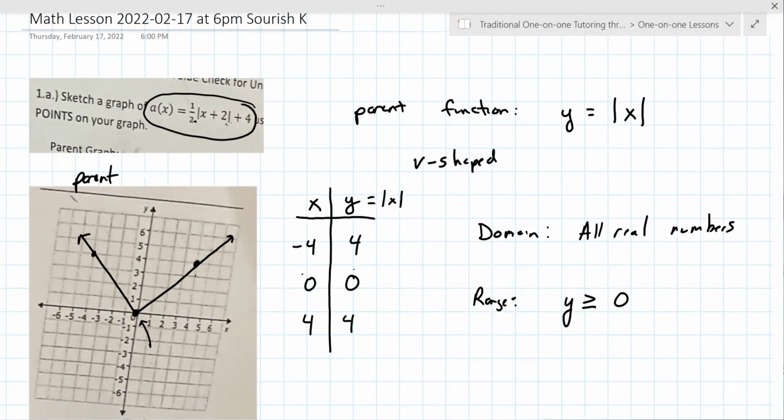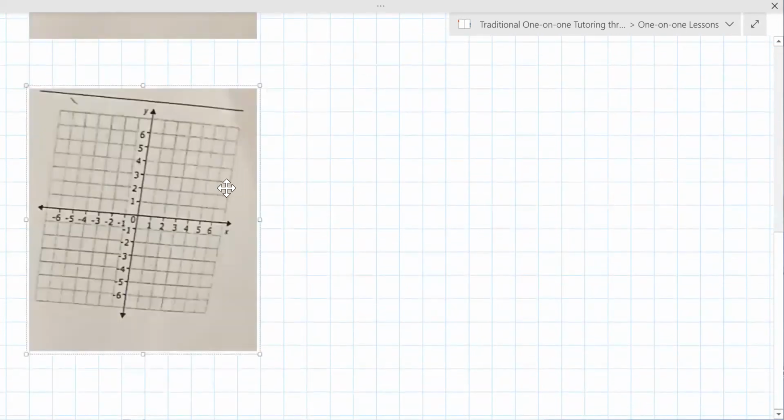All right, so now we're going to do that middle graph. That middle graph, we're going to do a transformation. We're going to do the transformation for what we've got here.